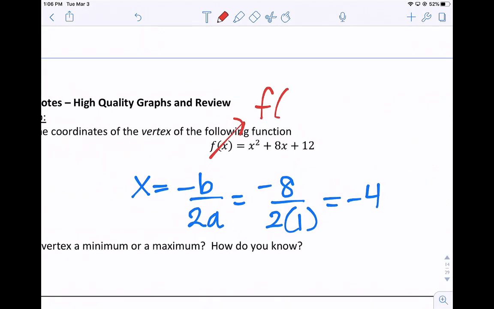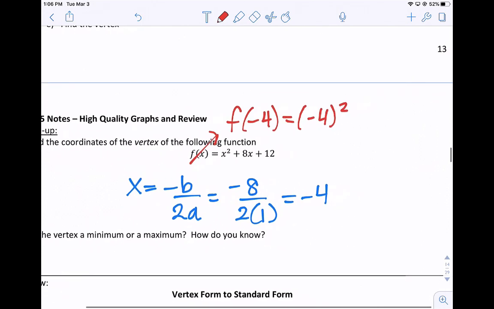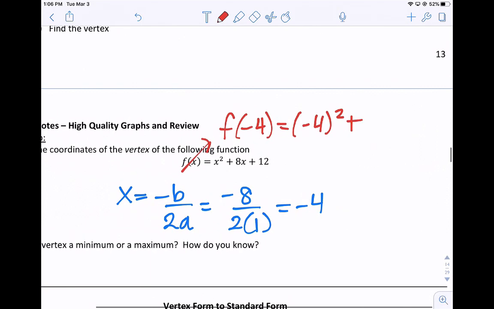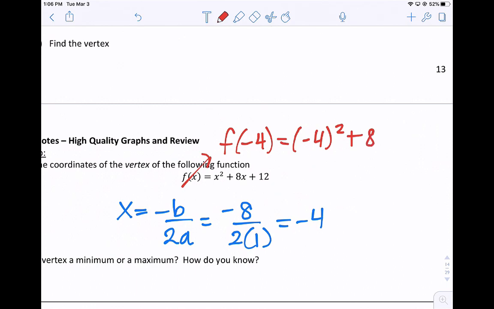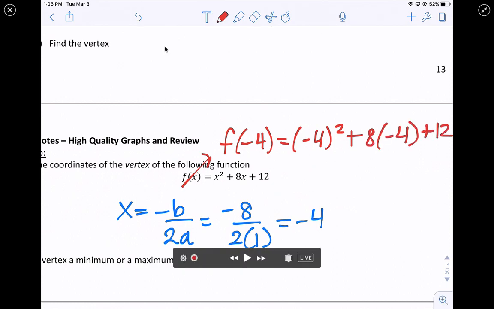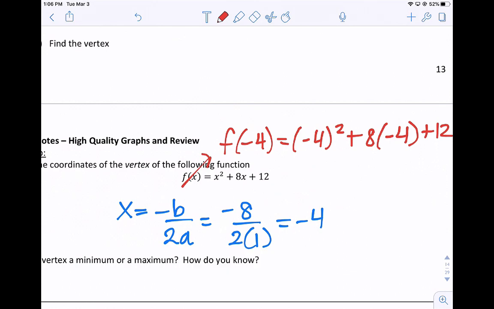So it'd be f of negative 4, which would be negative 4 squared plus 8 times negative 4 plus 12. All right, so if we do that, we will get the y value when the x value is negative 4, let me type this in.